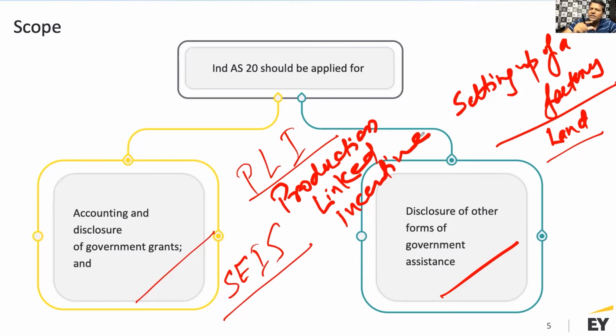So these are different types of schemes which the government runs. A lot of grants are also being given by the government in the current environment in relation to COVID. So if you're a company investing in COVID research, the government is doing a lot of funding for such research or vaccination.